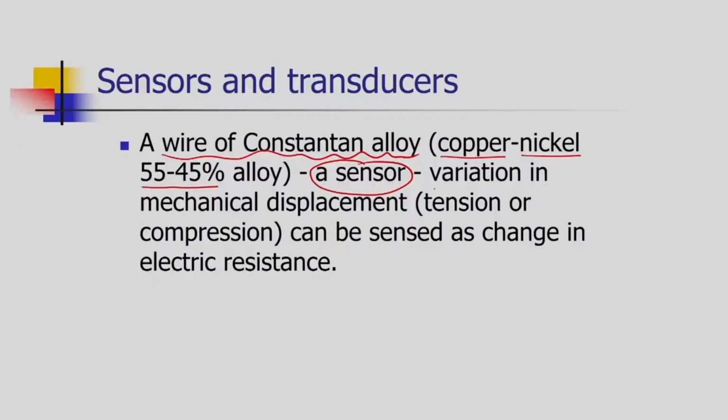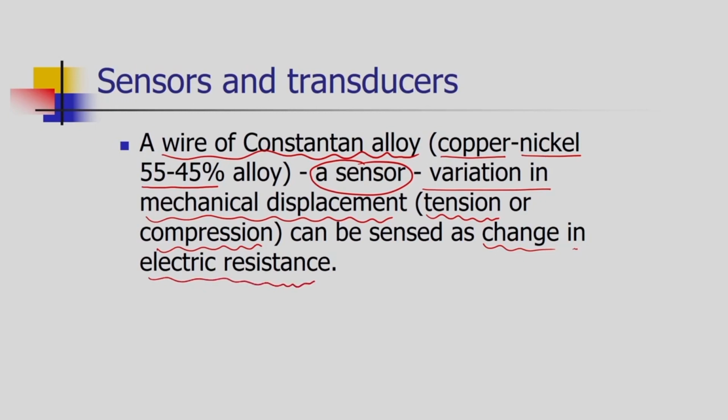Let us consider that the change in physical variable to be measured is mechanical displacement. We are providing mechanical displacement in terms of tension or compression. When this mechanical element is applied with tension or compression, there is a change in electrical resistance of this constantan alloy.